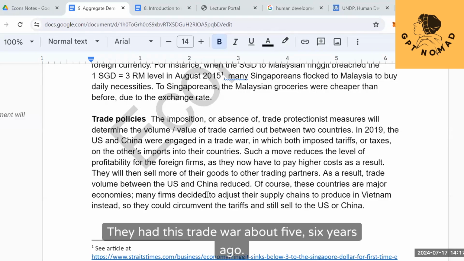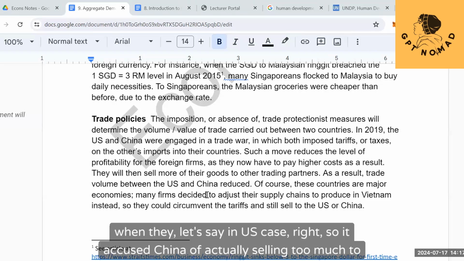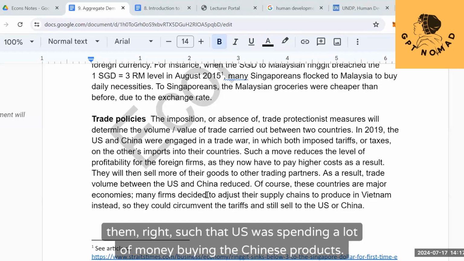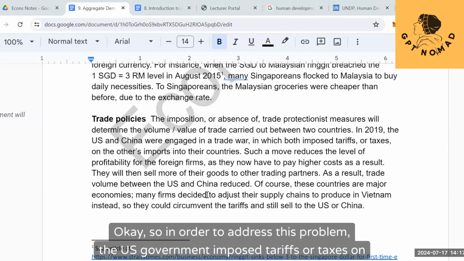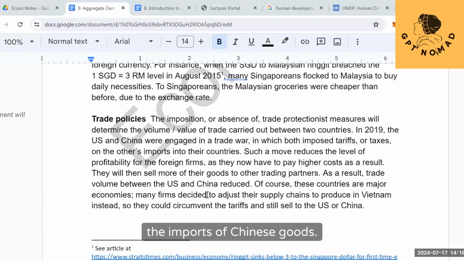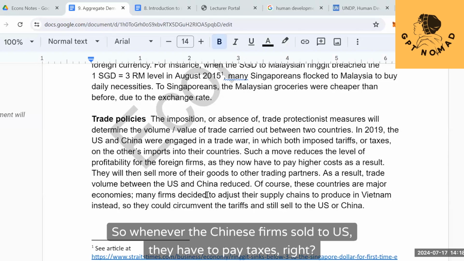They had this trade war 5-6 years ago, where the US accused China of selling too much to them, such that the US was spending a lot of money buying Chinese products. Okay, so in order to address this problem, the US government imposed tariffs or taxes on the imports of Chinese goods. So whenever the Chinese firms sold to the US, they had to pay taxes, right?